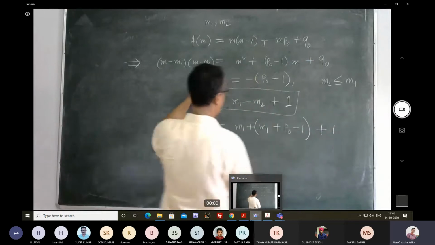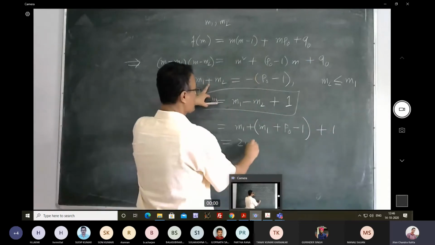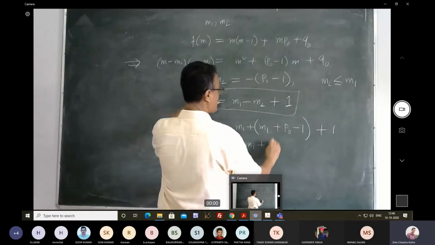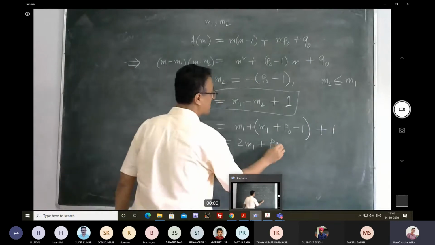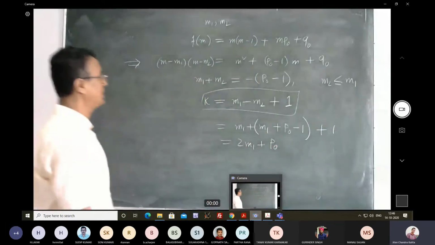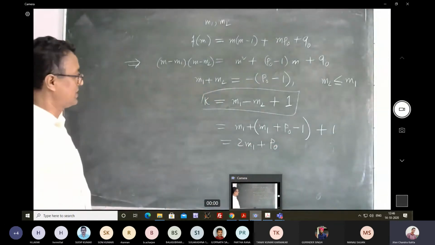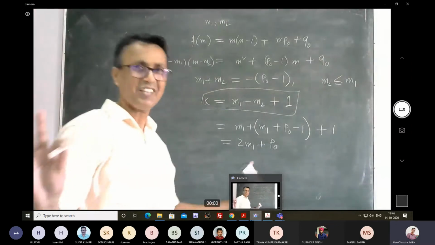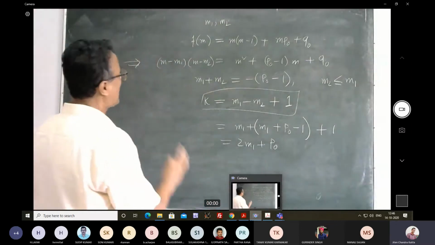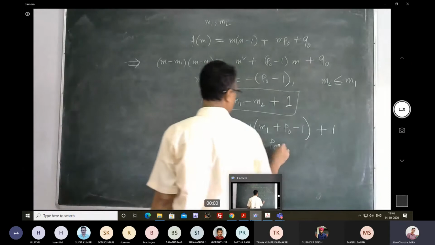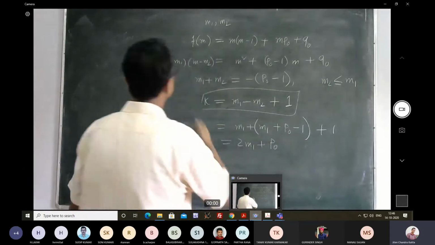And then this is already there, so 2m1 plus p naught. I have a specific purpose behind this, I'll tell you what it is. So far so good. I will be requiring this one later on.